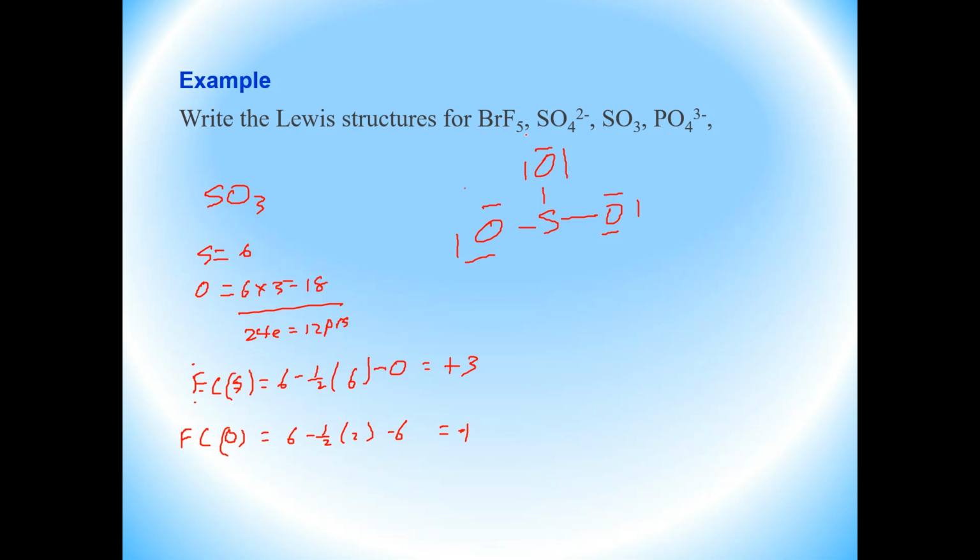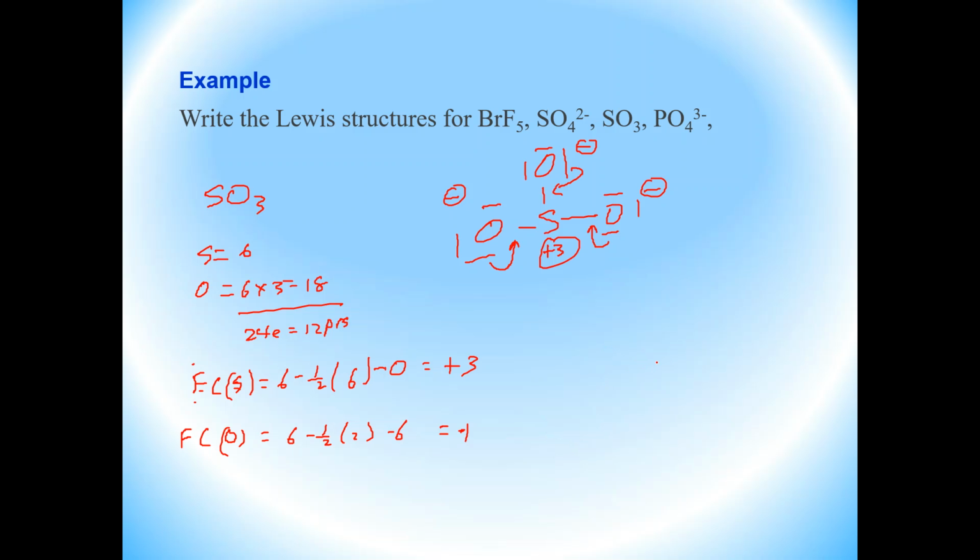So we're going to have minus 1 here, minus 1 here, minus 1 here. And down here with the sulfur, you're going to have plus 3. So in this case, basically the charges will cancel out each other, because you have 3 negative charges bonded to an atom with 3 positive charges.